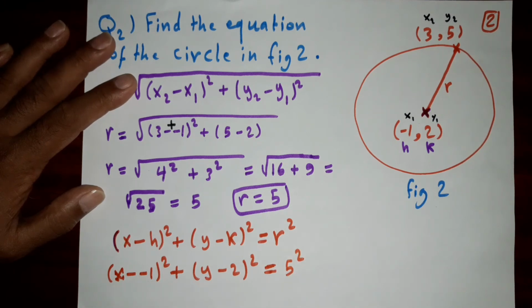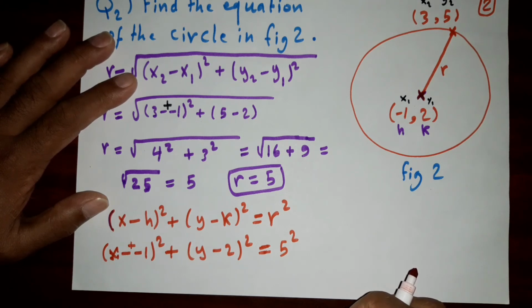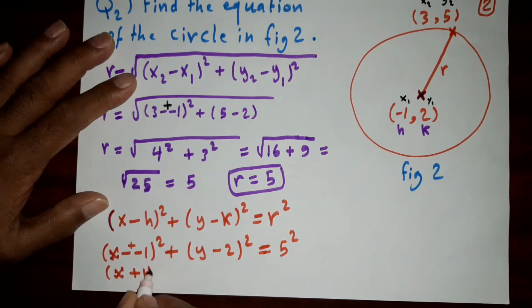Rewrite this equation. Minus minus will be plus. When two minus signs are next to each other, we make them plus. Then rewrite the equation: x plus 1 all squared plus y minus 2 all squared equal 25.